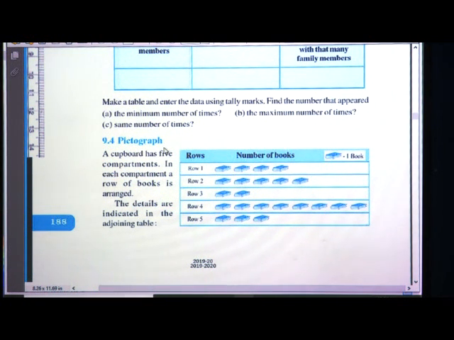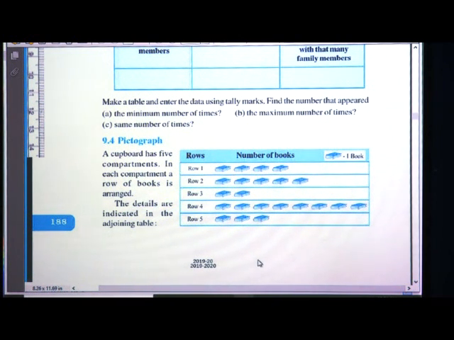So, can you tell by seeing this pictograph in which row we have the maximum number of books? Yes, we have the maximum number of books in row 4, and in which row do we have the minimum number of books? Yes, in row 3.